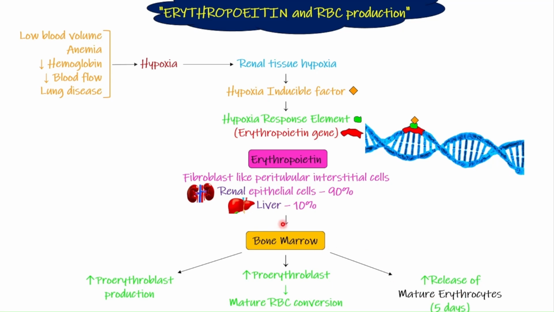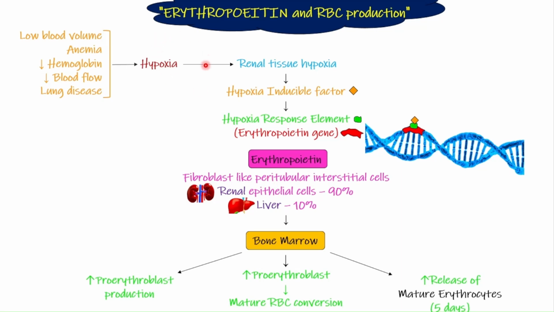Now, there are many steps in erythropoiesis, from the proerythroblasts to finally the erythrocytes in the blood. So in the bone marrow, erythropoietin is going to facilitate all of these steps.